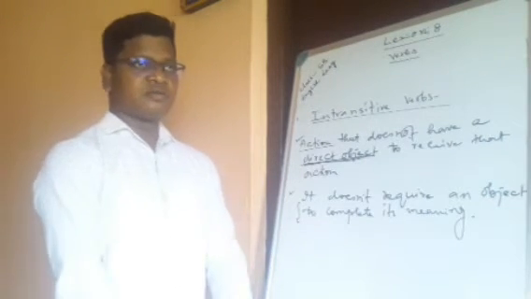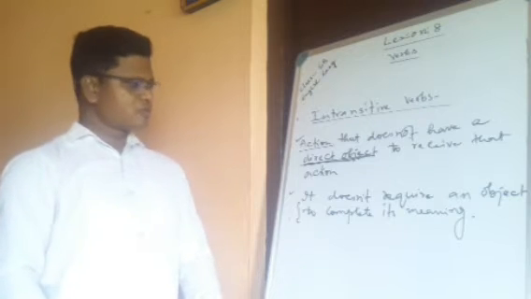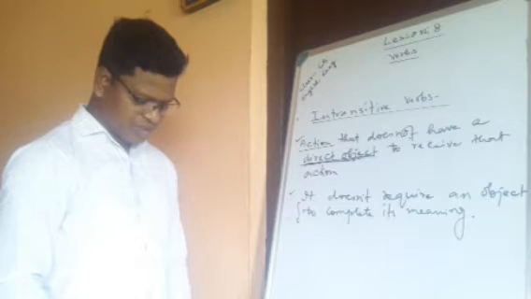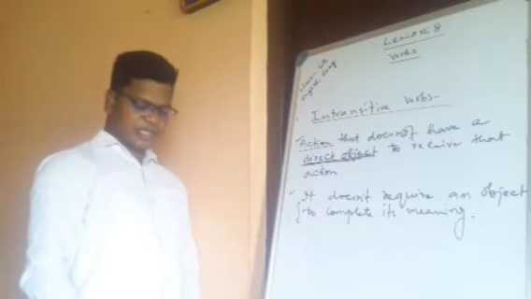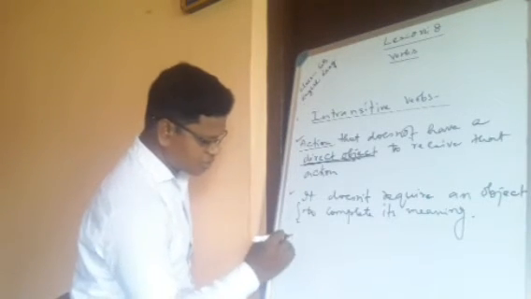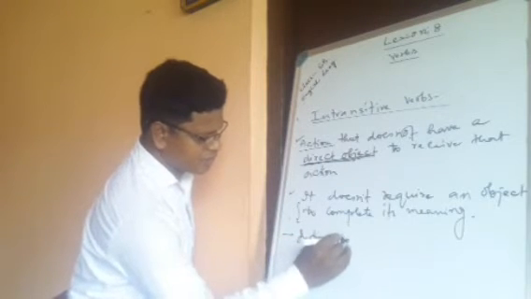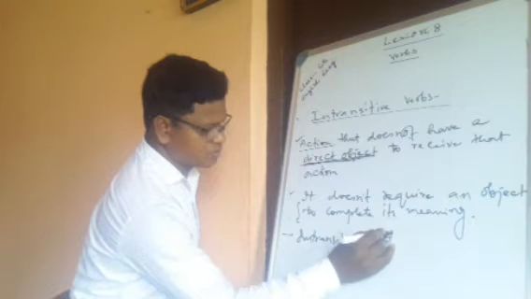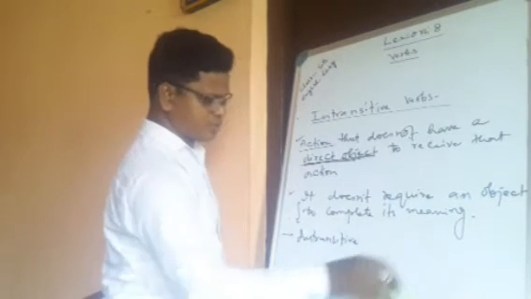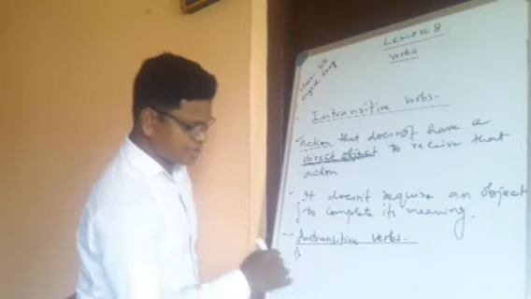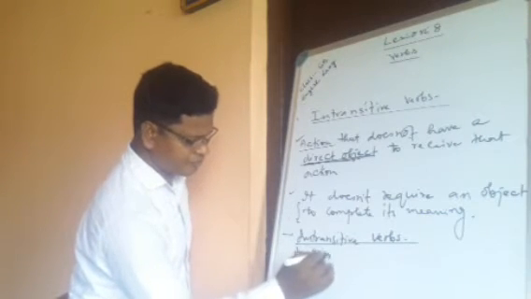We have some verbs which are known as intransitive. Maybe one or two words we can take from here. Let us write intransitive verbs. Which are all intransitive verbs? Just like the first one, arrive.